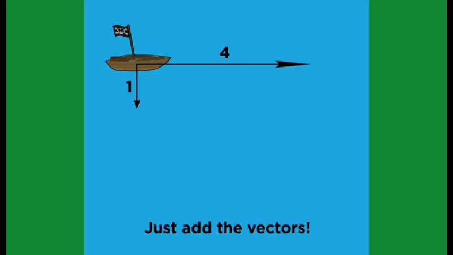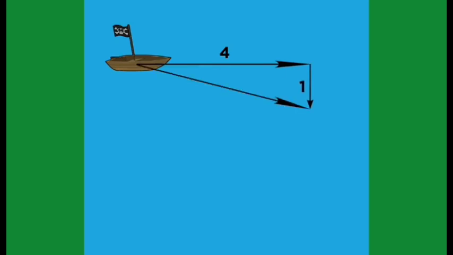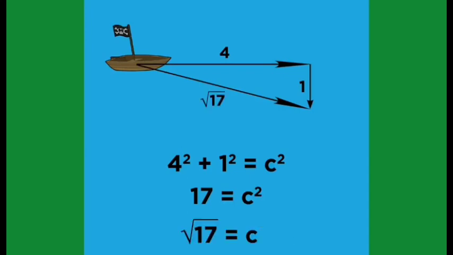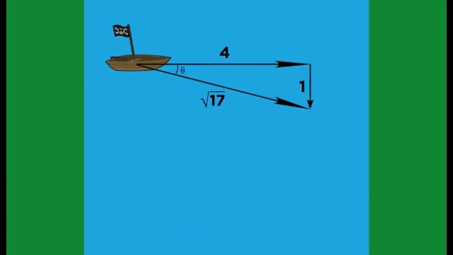To find out the speed and direction of the boat, we have to add these vectors together. In order to do this, we can move the vector that represents the current over here, so that we are adding head to tail, and then find the resultant vector. Or we could have left it where it was, made a rectangle using the two vectors, and then just drawn the diagonal. Either way, this vector sum will have a magnitude of √17. To find the angle from the horizontal, we can use any trig function we like.